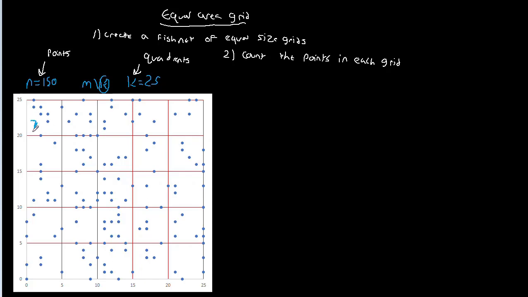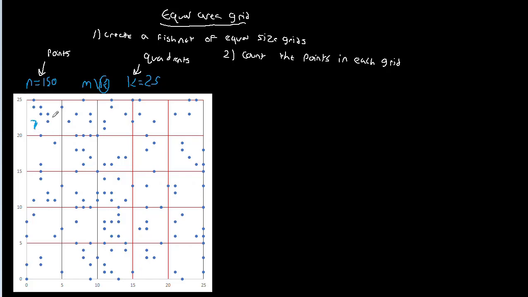Generally speaking, I'm going to count things that are on the top line as going down. If they're in between, they're going to go up. If they're on the side, they're going to go right. So if there's any confusion in how I'm counting them, this would go here, this would go here, this one will actually go there. Just in terms of counting. So this grid cell is going to have 7.